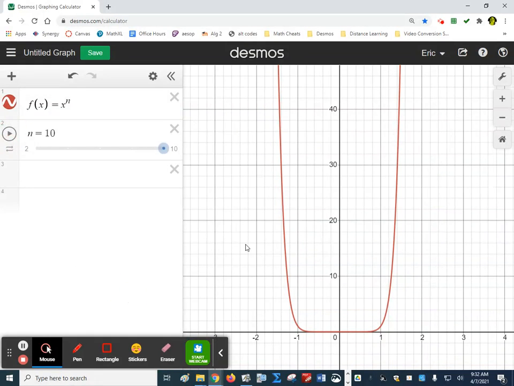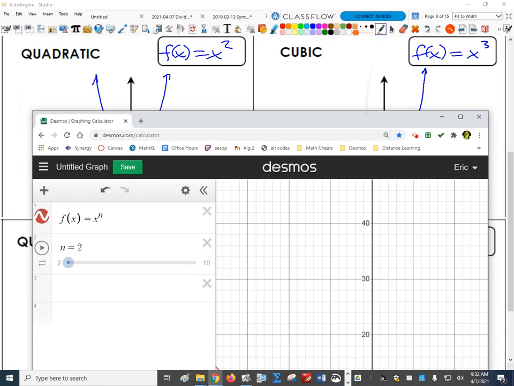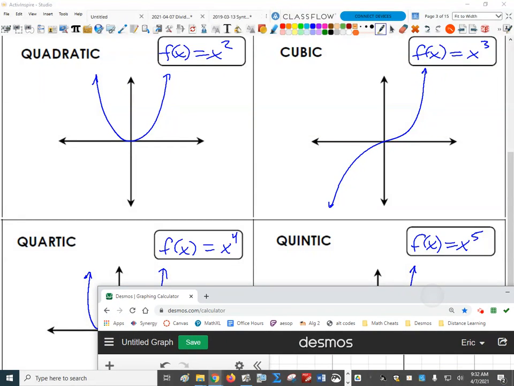Okay. All right, now let's take another function up here. So those are what we might call our even power functions. When you have a monomial function that has a whole number power of x, we call that a power function.